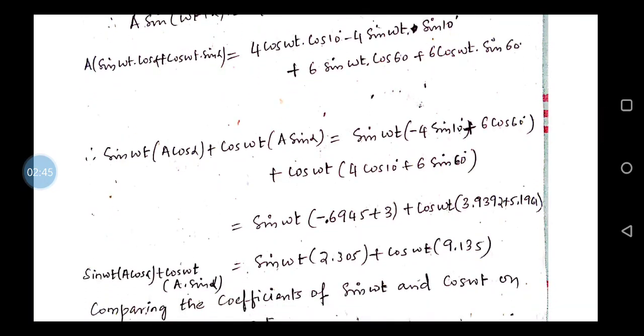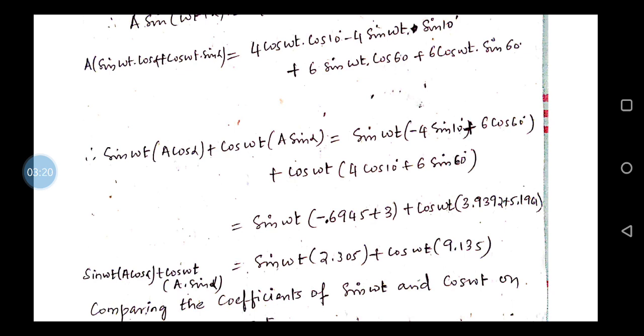Now considering the coefficients of sine omega t and cos omega t on both the sides. So sine omega t into A cos alpha plus cos omega t into A sin alpha is equal to sine omega t into bracket minus 4 sin 10 degrees plus 6 cos 60 degrees, plus cos omega t into bracket 4 cos 10 degrees plus 6 sin 60 degrees.